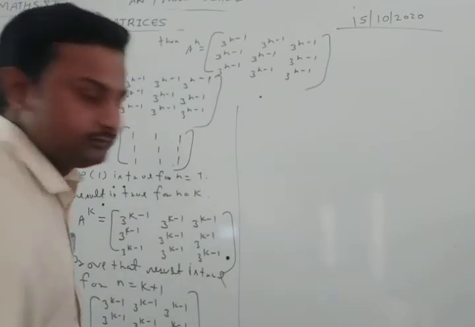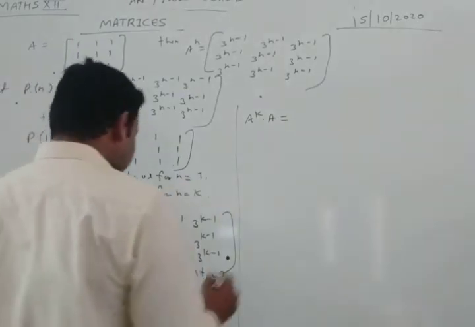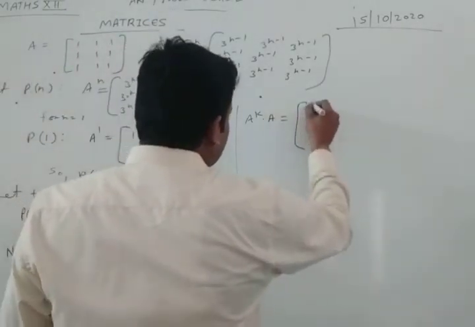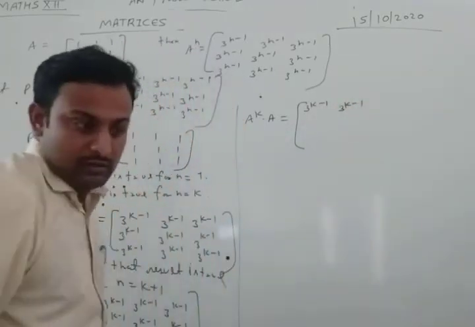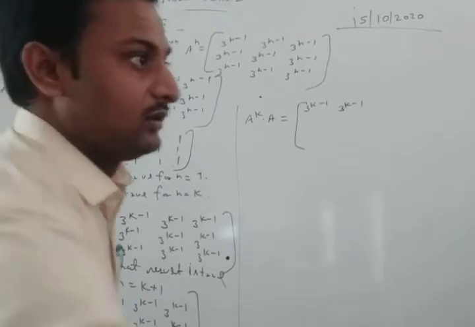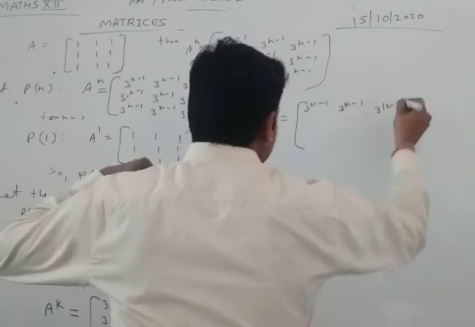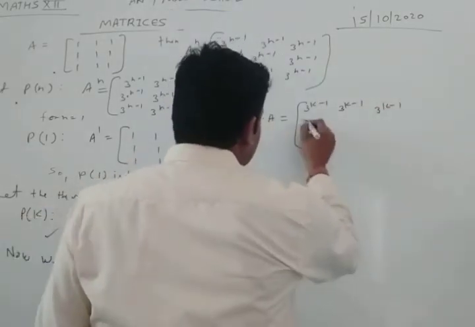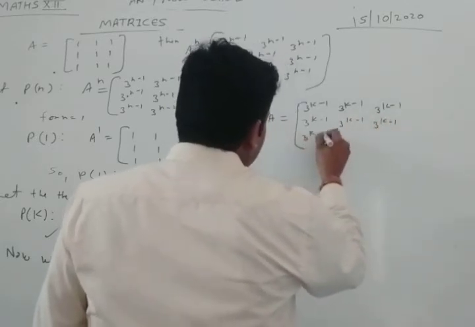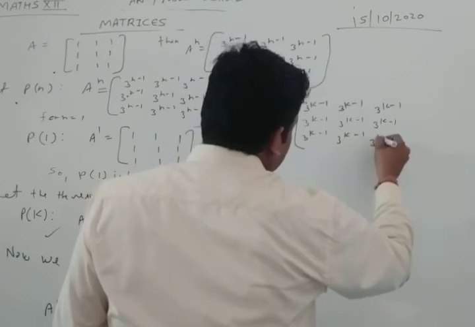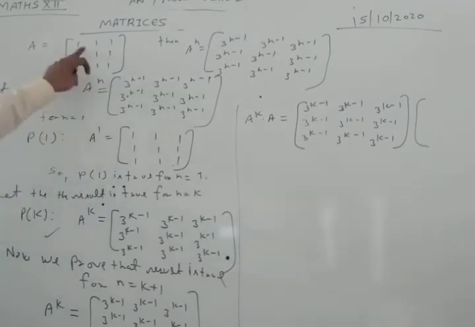We write A to the power k into A is equal to the matrix with every entry 3 to the power k minus 1, multiplied by A. So A is our matrix with all entries 1.